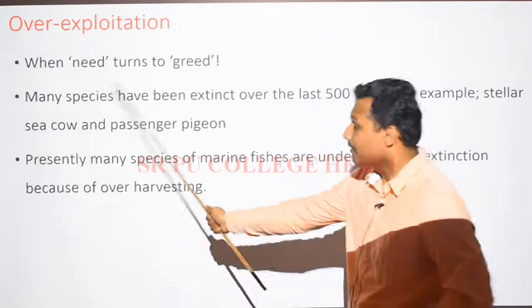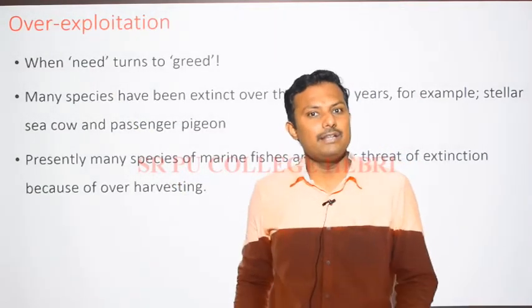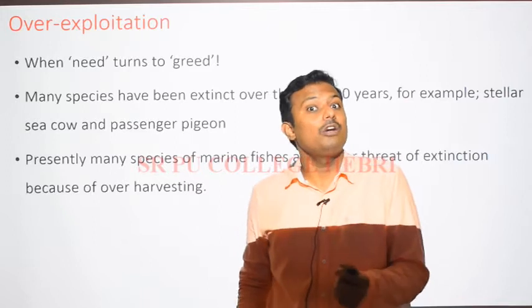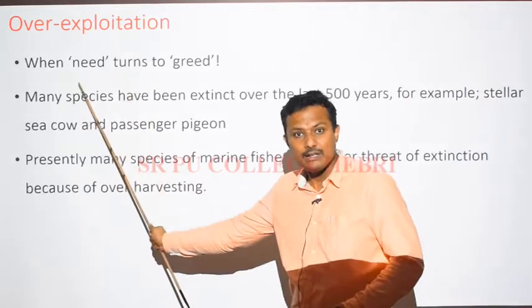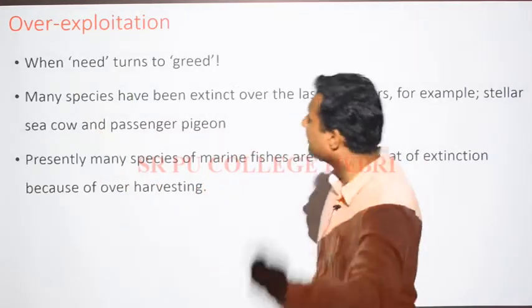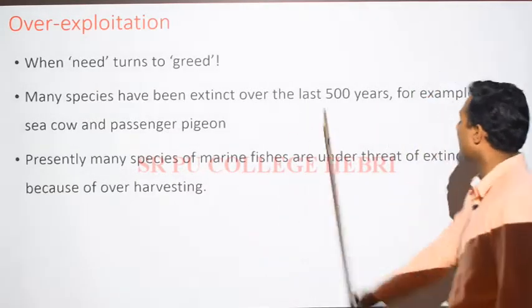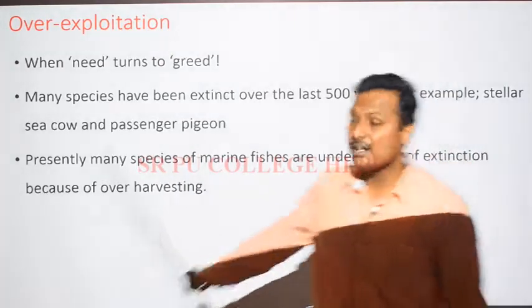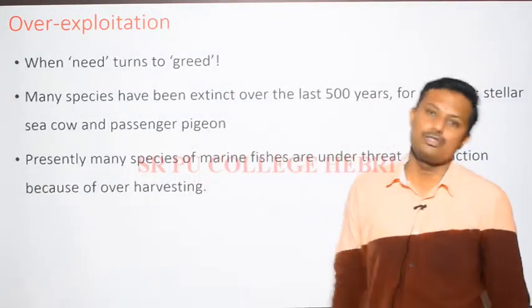So anyway, when need turns to greed, see, for need everything will be available in nature, definitely, but not for our greed. So human beings, more than their need, destroy biodiversity for their greed. So many species have been extinct over the last 500 years. For example, the Steller's sea cow, we have already seen the example, and another example is the passenger pigeon.